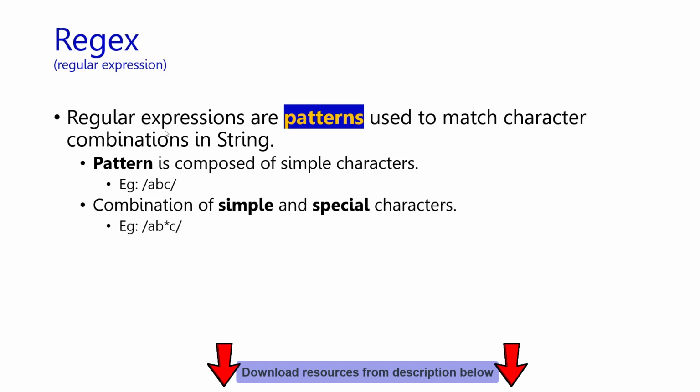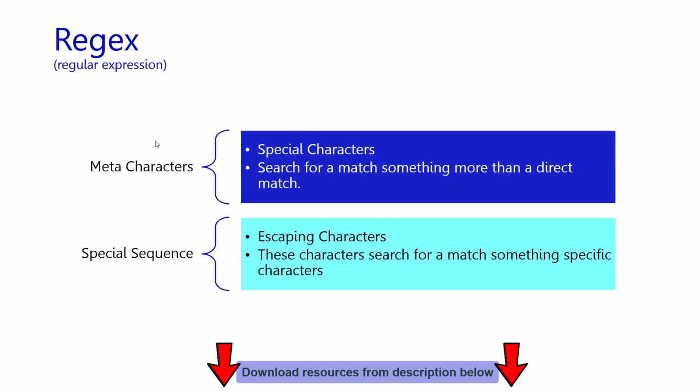Regular expressions is all about the special or sequence characters. There are two types of characters: one is meta characters and the other is special sequence characters. Meta characters are also known as special characters.